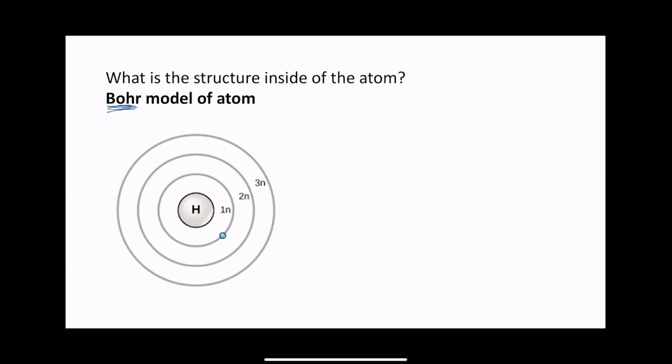The model has electrons in energy levels, and the energy levels are these concentric circles around the nucleus. This is the nucleus in here, and in the center, the nucleus has the protons and neutrons.